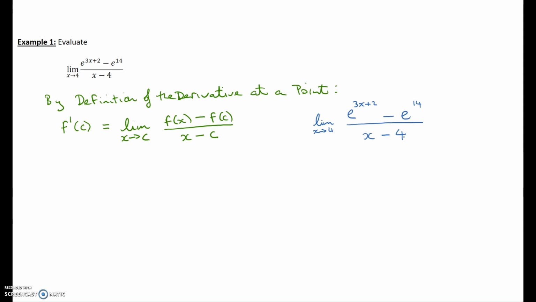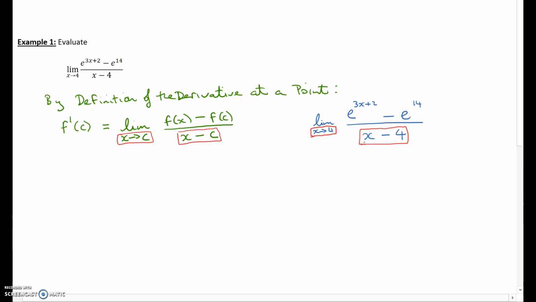I would say your first clue is that x approaches 4 is clearly linked to x minus 4, because if you look back here, we have x approaches c and x minus c. So it's the same pattern. You look for that pattern, and that is a strong indicator that this is what's going on here.